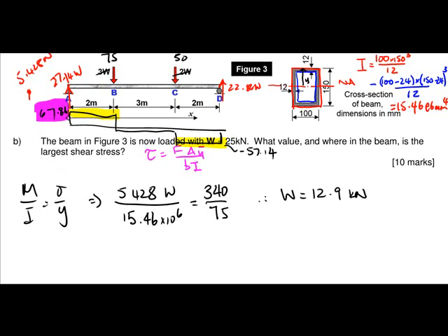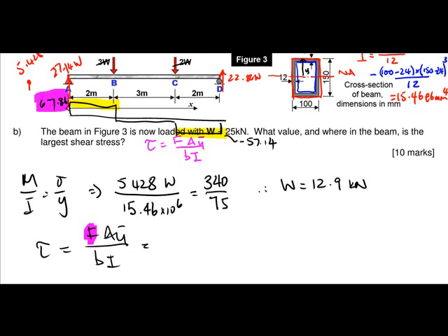So we're using the Fabry equation: stress tau is equal to F A y bar over B I. F is this 67.86, and we want the largest shear stress, so we need to make a cut at the neutral axis level. Let me draw this.